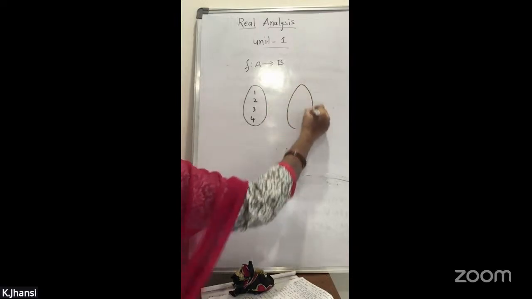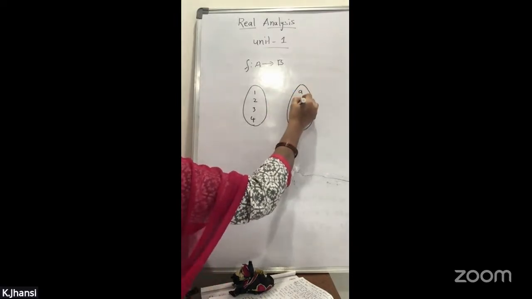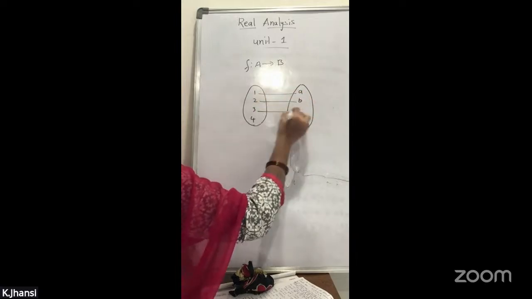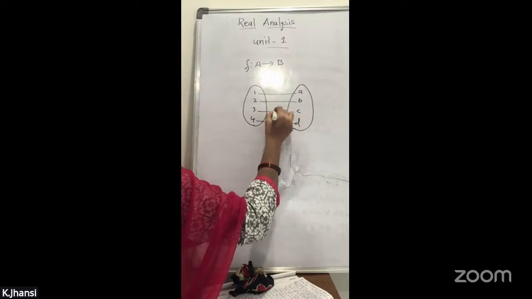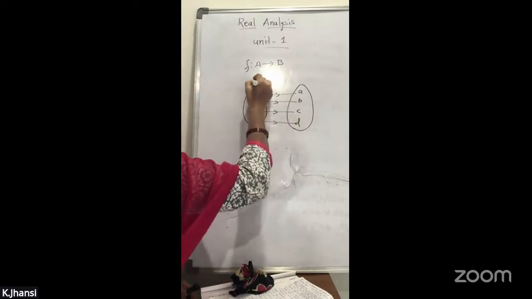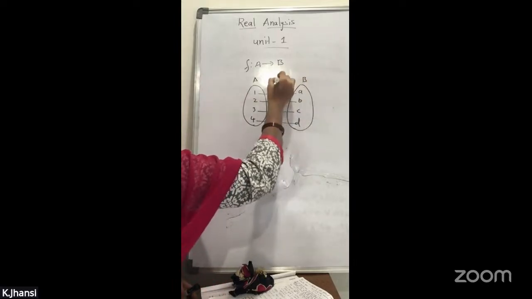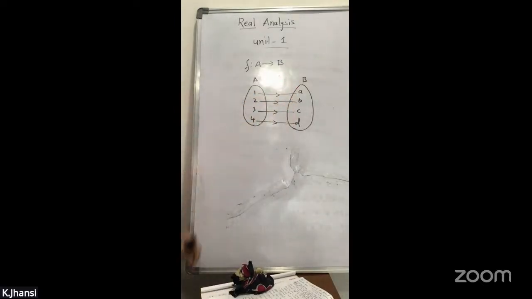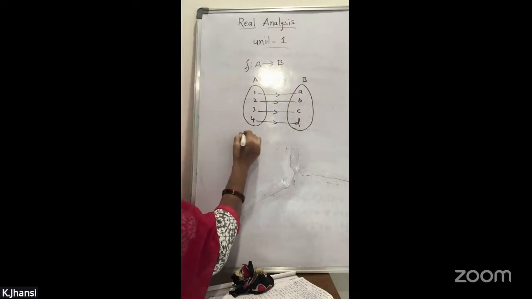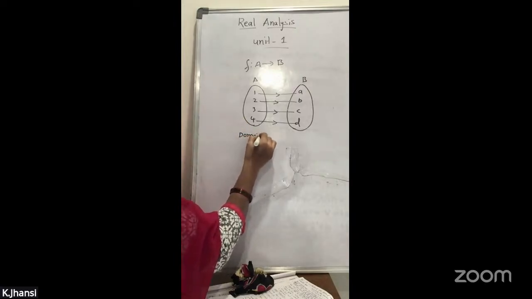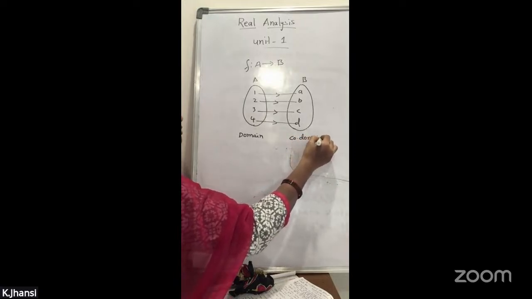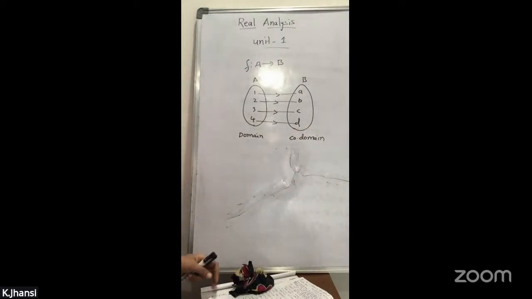Set B equals a, b, c, d. Okay. And this is the function. Okay. Mapping from A to B. So we call this the domain. And this is the codomain. Okay. So domain and codomain here.